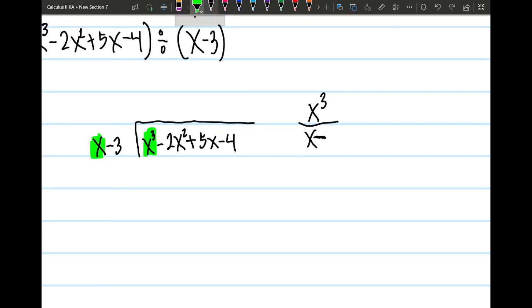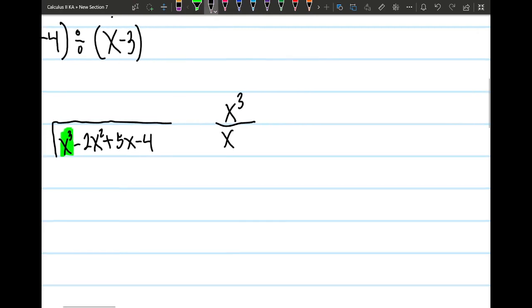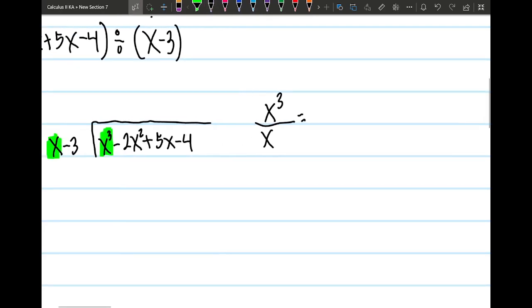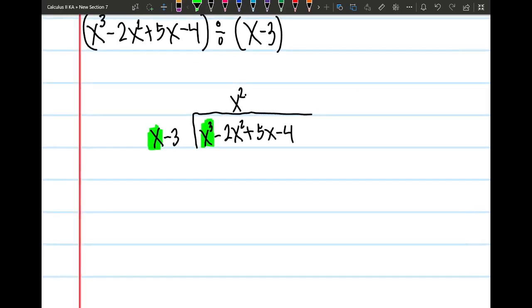The leading term is x, so I'm really going to do x cubed over x to know exactly what to put in for my value on here. So when I do that, I get x squared, and so I'm going to put an x squared here.